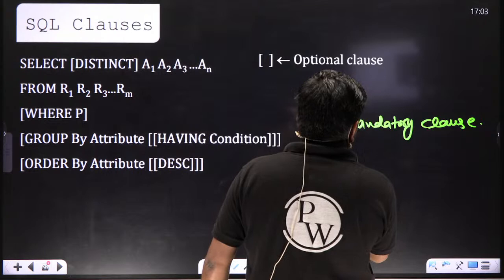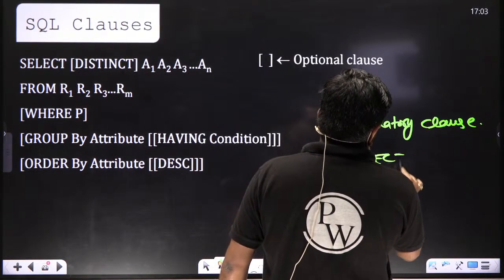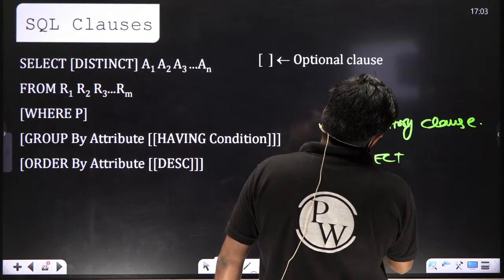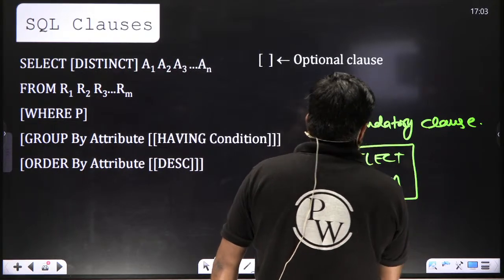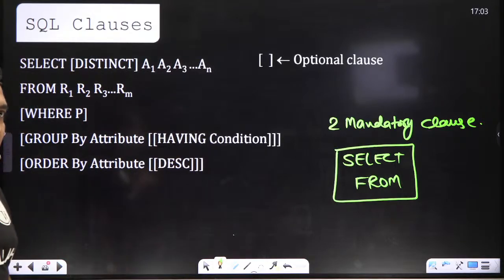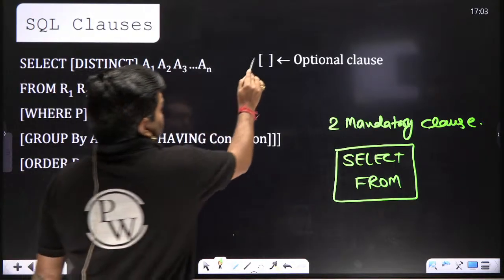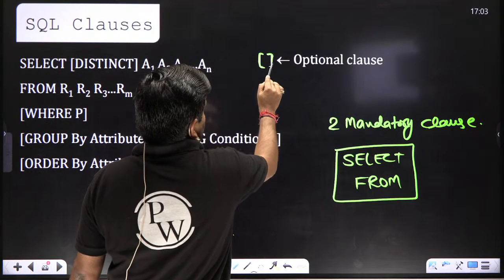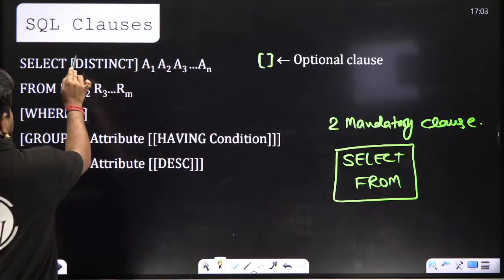Which ones? Select and from. These are the 2 mandatory clauses. All others are optional. Wherever I have written this bracket, that is the meaning of optional. Like distinct is also optional.